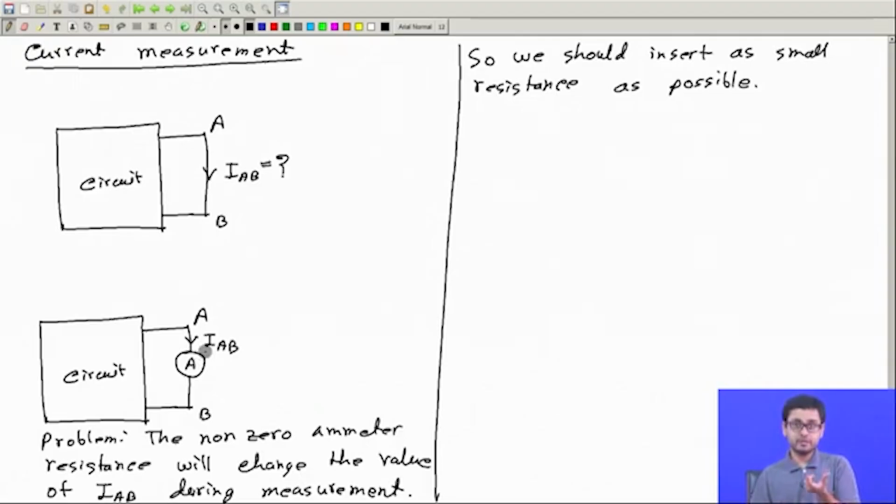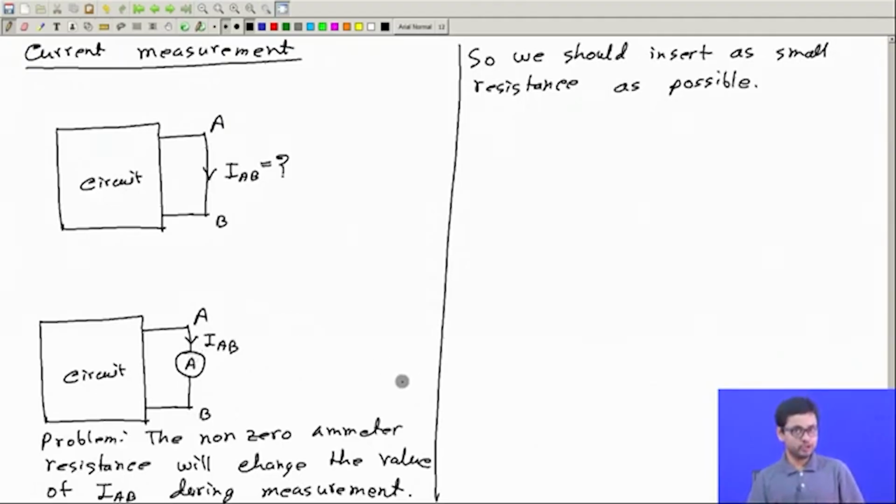If you want to decrease the resistance, then you have to take a thick conductor, and the meter will be huge in size and costly, which is not feasible. Else, if you reduce the number of turns of the meter, then the resistance will also be small, but then the sensitivity of the meter will be very low.